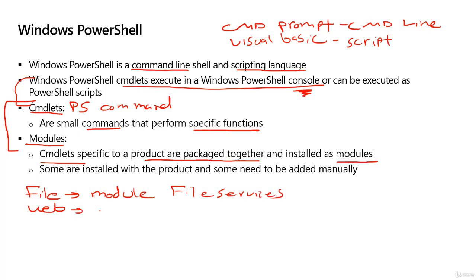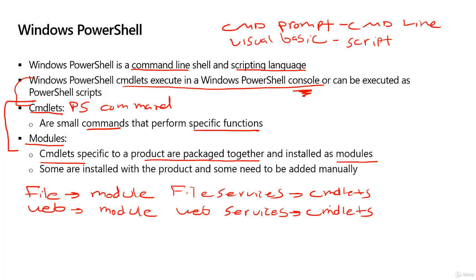If you install the web services role, it loads the module for web services. Now, these modules contain all the individual commandlets. Until that module has been loaded on your system, those PowerShell commandlets won't execute.